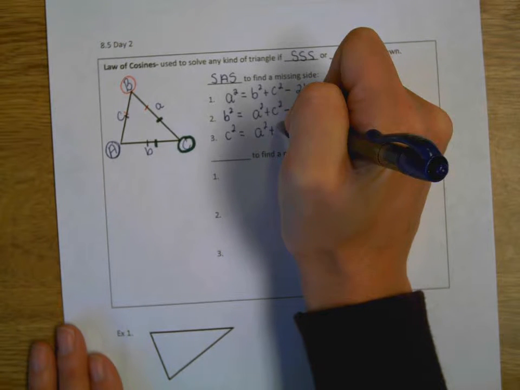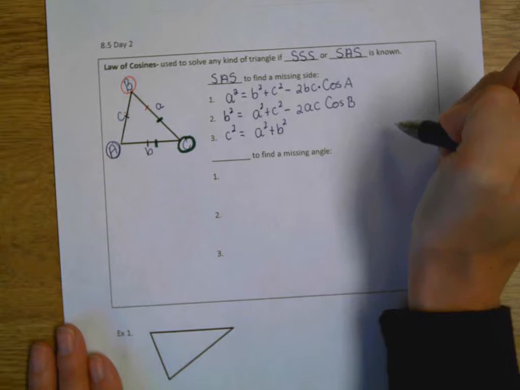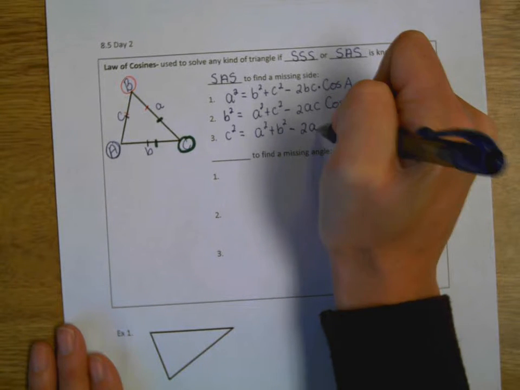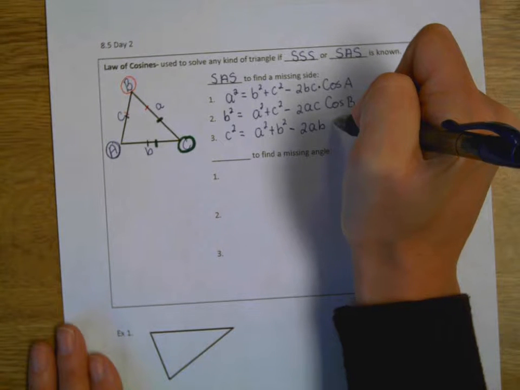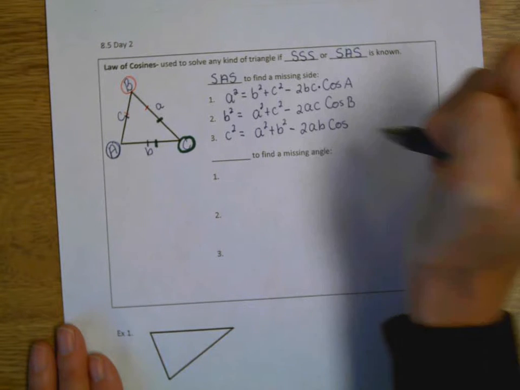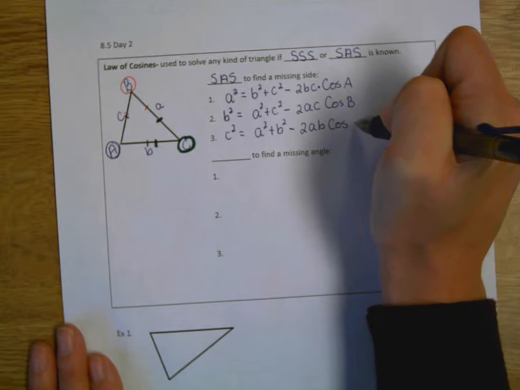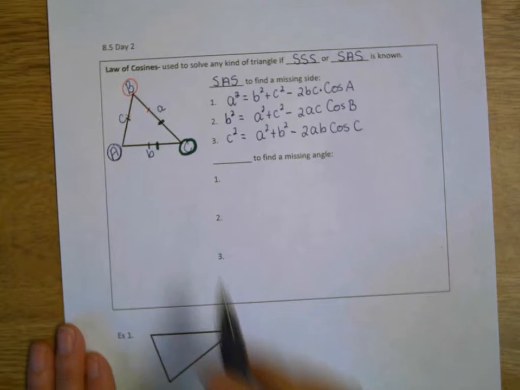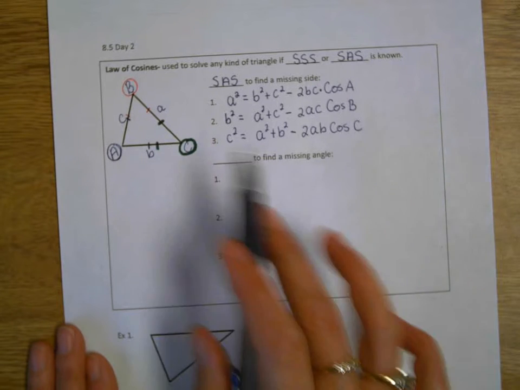Square them and add them. So that's a squared plus b squared. Then I subtract 2 times a times b times the cosine of what angle did I know? C. All right. So that's if I've got SAS sitting in front of me.